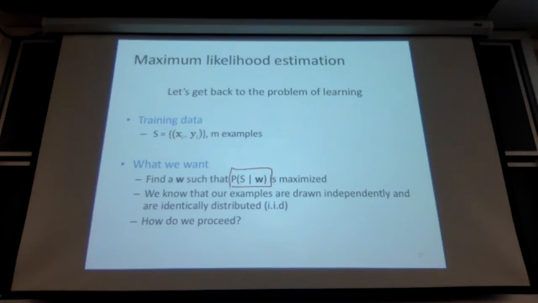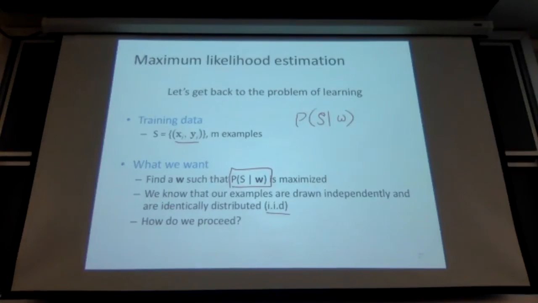So we know that our examples xi and yi are all independent. So how do we write down the likelihood? What can we say about P of S given the weights, if we know that all the examples are IID? Speak up.